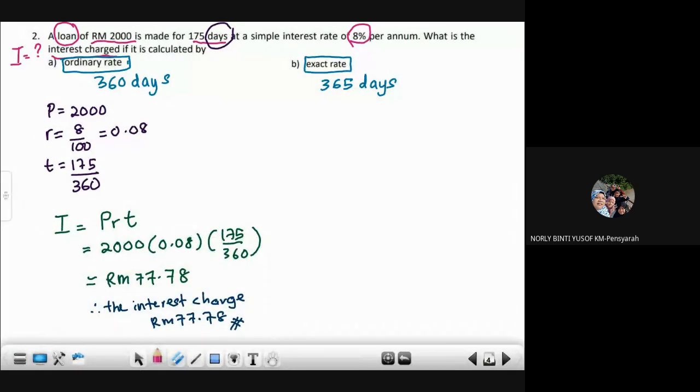Okay, sama juga untuk exact rate. P dia in the same question still the same. R dia pun sama, 8/100, that is 0.08. But the T is different, 175 divided by 365 because of exact rate.